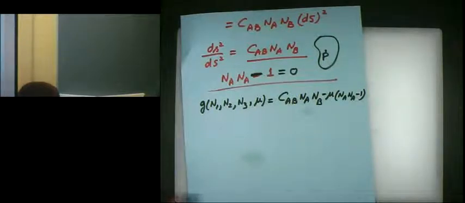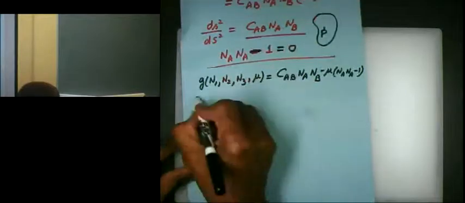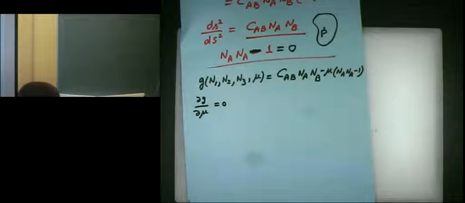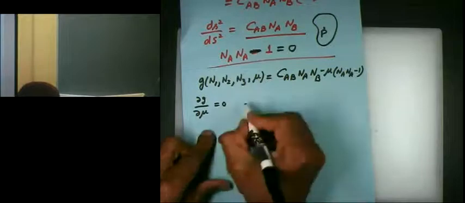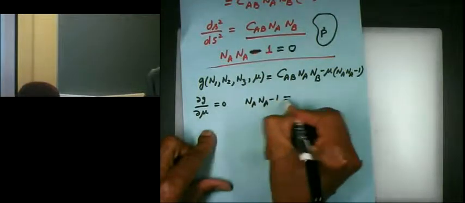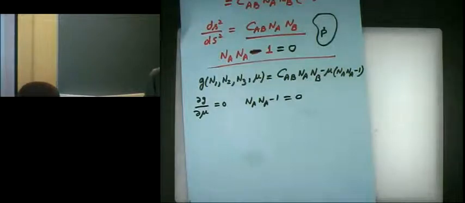The first thing is, of course, delta g over delta mu should be 0, even though in the previous case I wrote that as the last equation. That will imply that n·n minus 1 is 0, which means n is a unit vector.